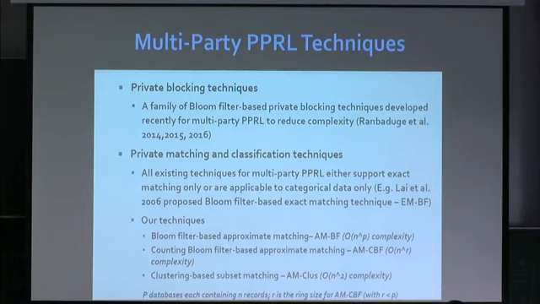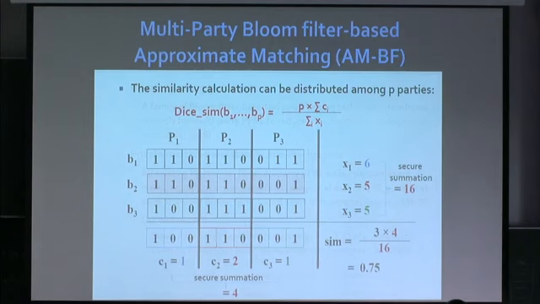Our first technique is based on Bloom filters, and then we developed a counting Bloom filter based approach which improves privacy compared to Bloom filters, and then we developed an incremental clustering based approach that also allows identifying matching records between subsets of databases. I'll next describe how these three techniques work.